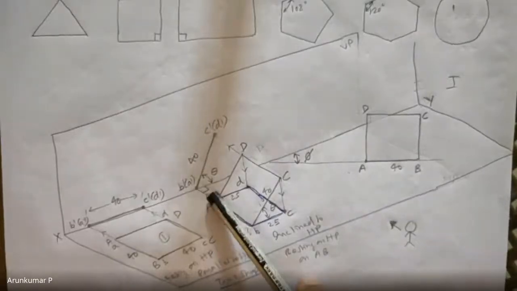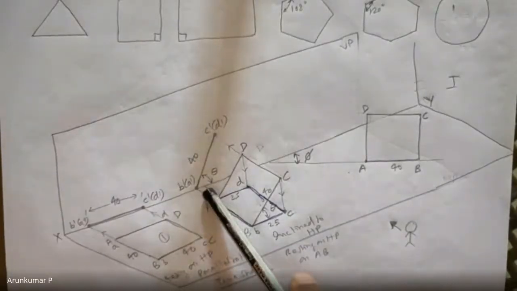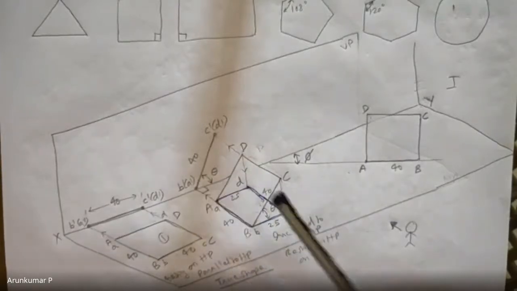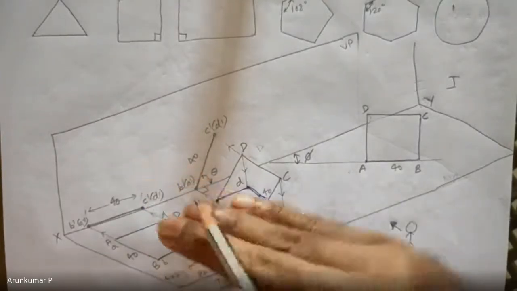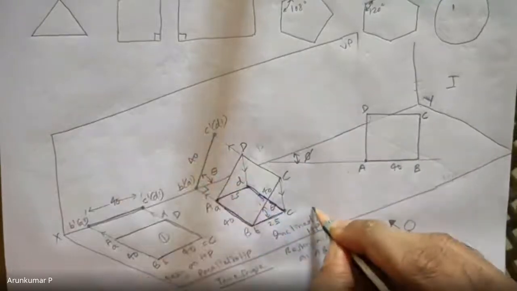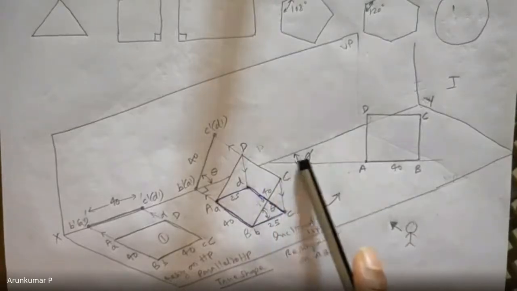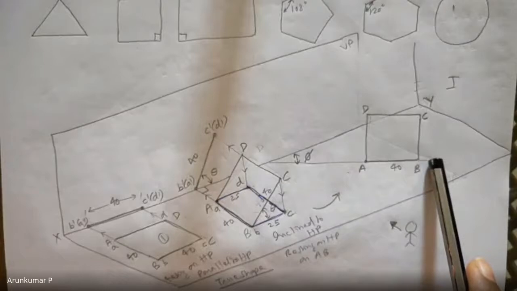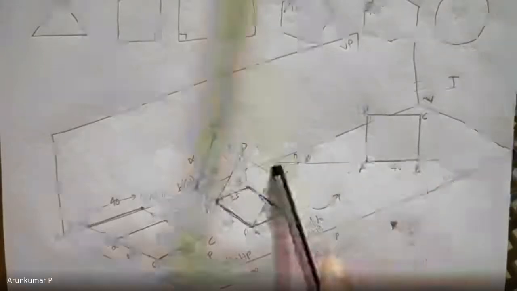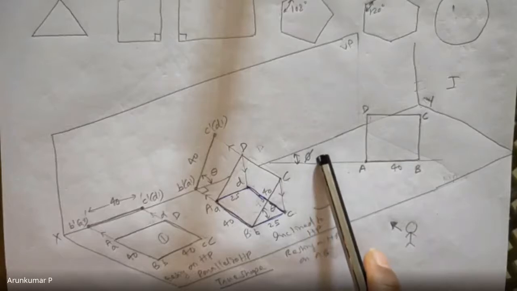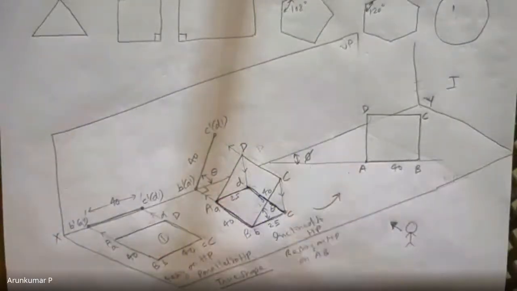See, initially in the second step, it was perpendicular. You see the angle is 90 degrees. It was perpendicular to the vertical plane. Now you have rotated it like this, in the anti-clockwise or counterclockwise direction. If you rotate it, then you may reach such a situation where the square is at some angle of say phi. This phi may be some 20, 30, 40, whatever, some angle to VP.